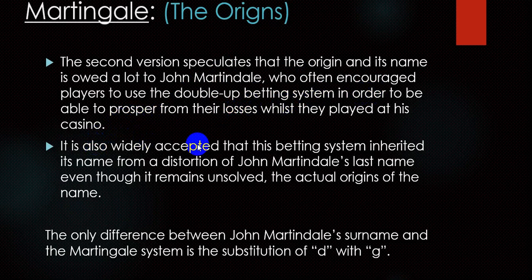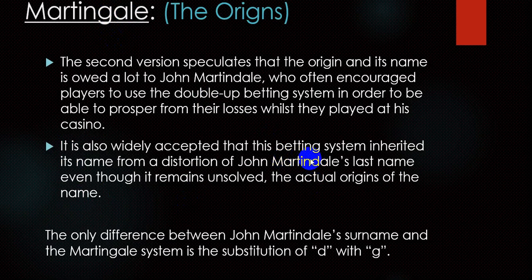It's also widely accepted that this betting system inherited its name from a distortion of John Martindale's last name, even though the actual origin of the name remains unsolved. And if you look at the name, the only difference between Martingale and Martindale is that Martingale has a G in place of the D in Martindale.